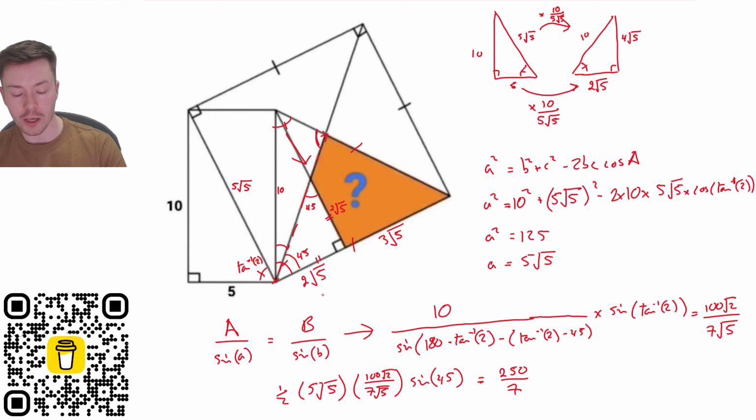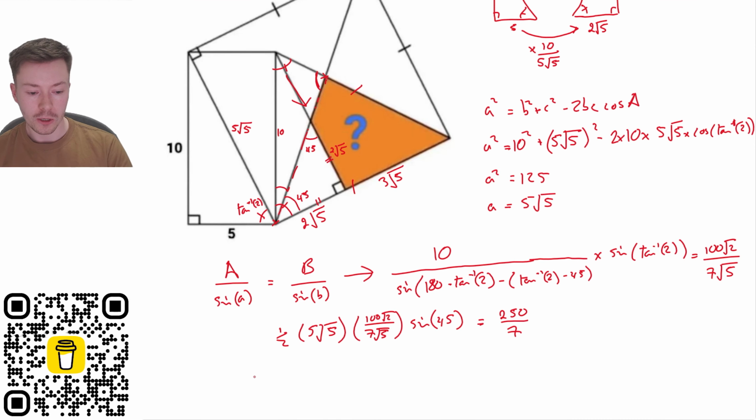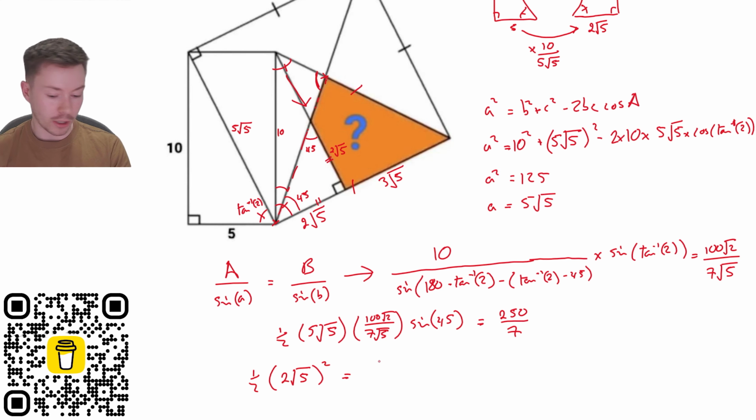So that's all of this section here. I'm now going to take away the last bit, which is going to be a half of 2 root 5 times 2 root 5. So a half of 2 root 5 squared. 2 root 5 squared, 4 times by 5 is 20.